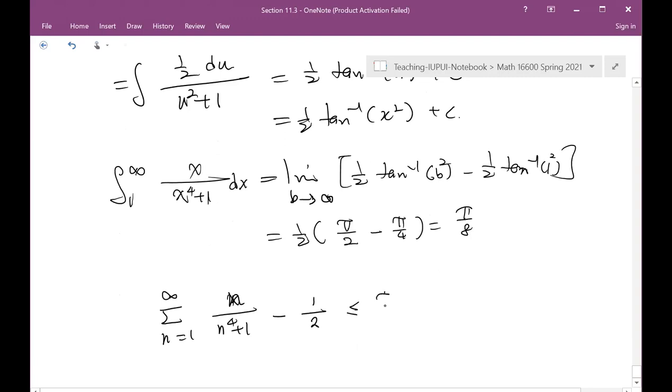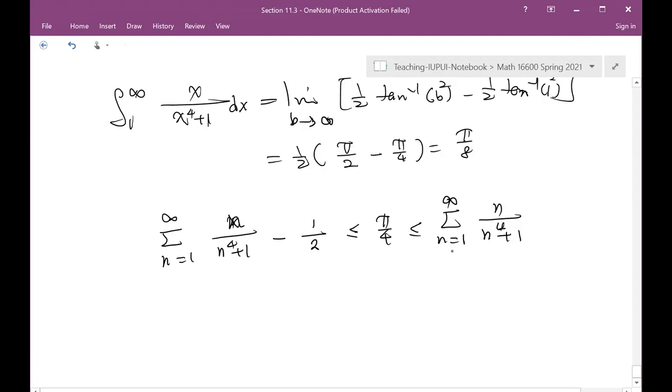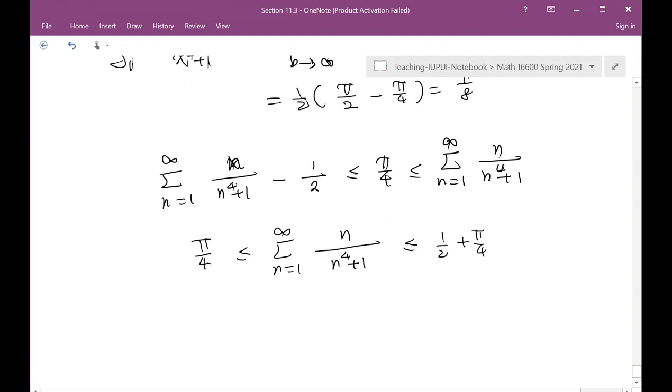So the value of this infinite series is less than or equal to 1/2 plus pi over 4, and pi over 4. So the gap between them is only 1/2. It's pretty good. It's not only finite, you can also estimate.